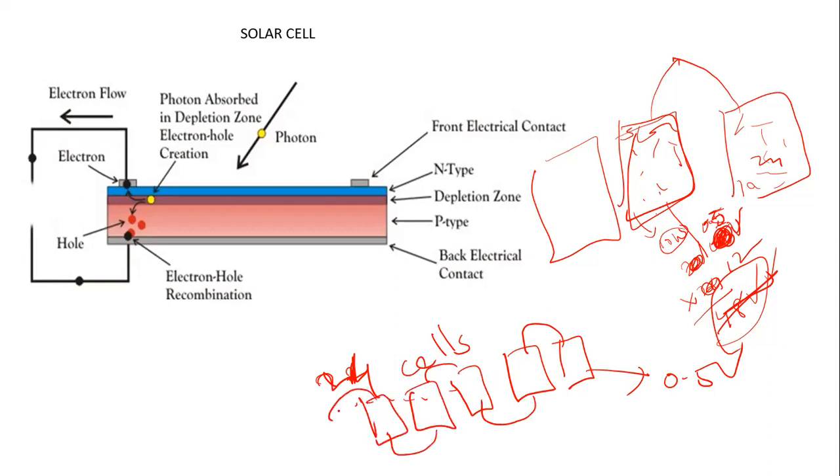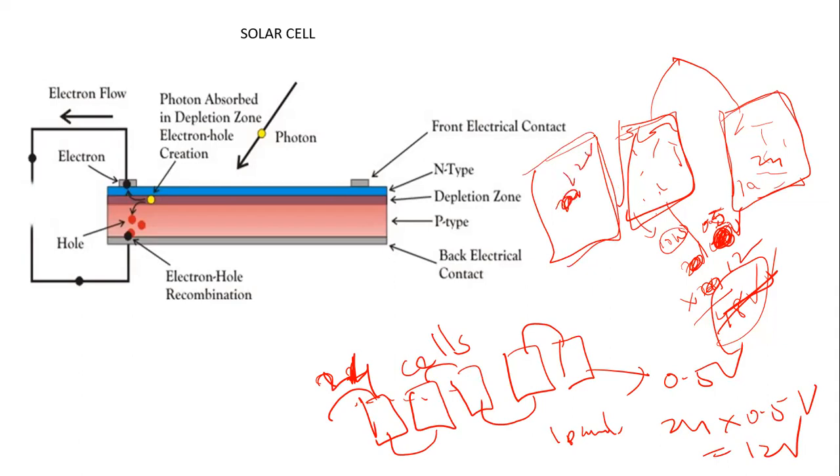So the total voltage from one panel will be 24 cells into 0.5 volt, which is 12 volt. So let us assume that one panel can give 12 volt, and there will be a number of other panels, each giving 12 volt.